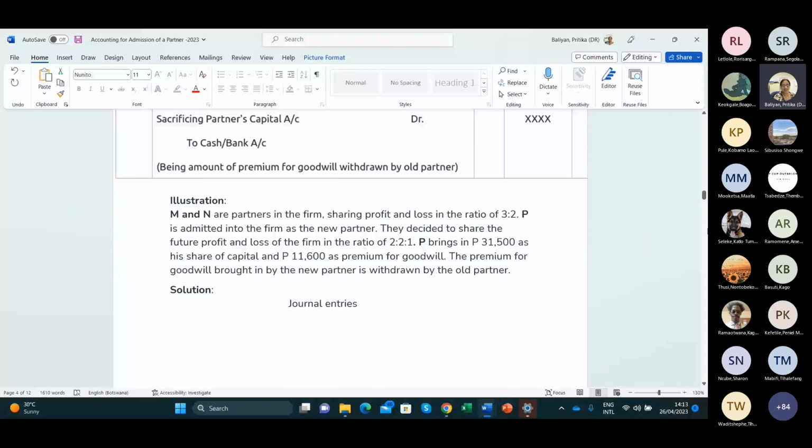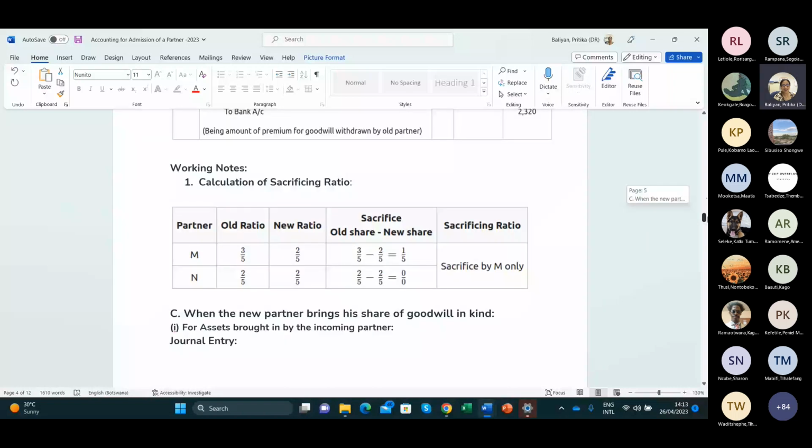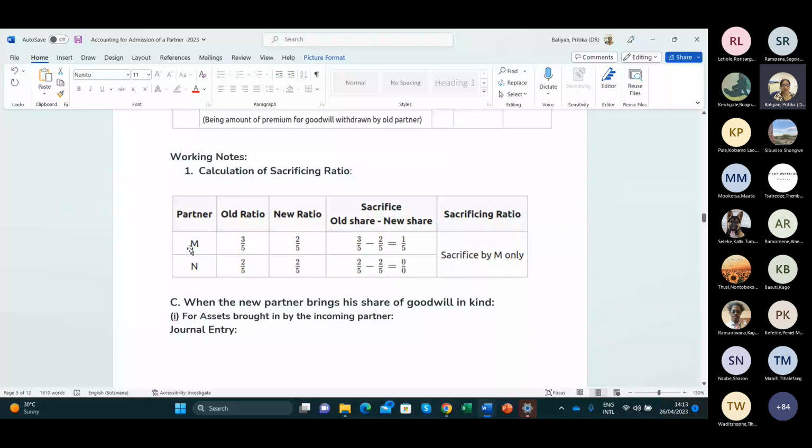Here you can see M sacrificed a 1/5 portion and the other sacrificed nothing. It is very simple to calculate the sacrifice ratio: old ratio minus new ratio for the old partner. You just calculate the same denominator and subtract.